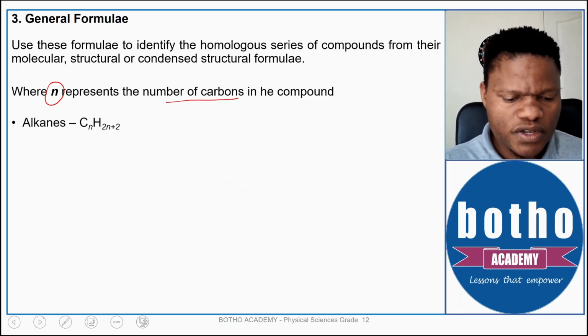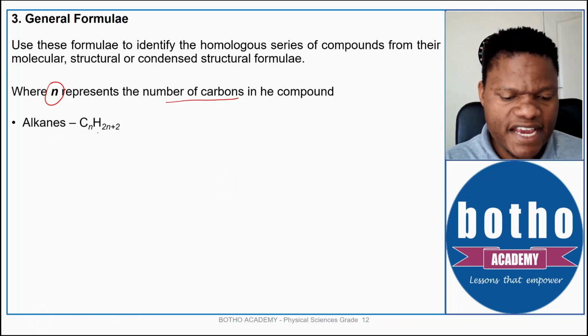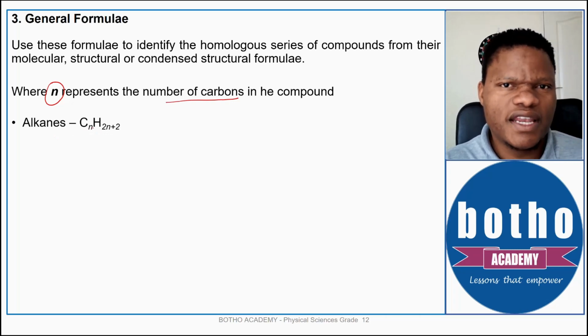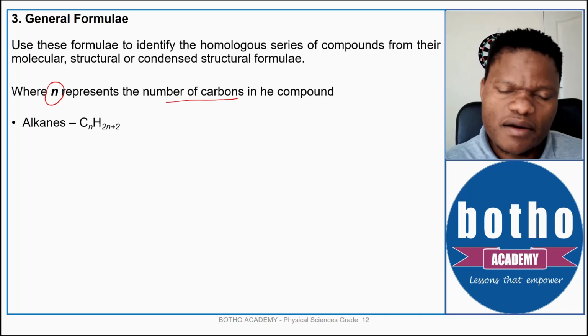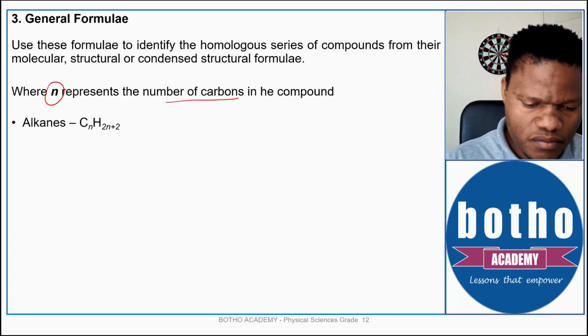Let's start with alkanes. For instance, the general formula for alkanes is CnH2n+2. What this means is that the number of hydrogens is determined by the number of carbons. Let's have an example.